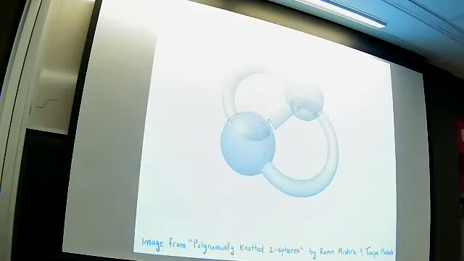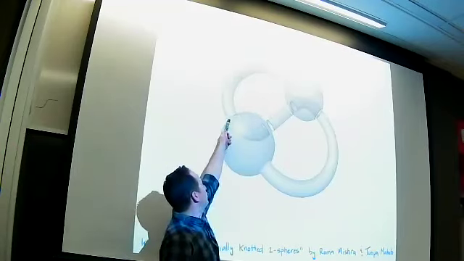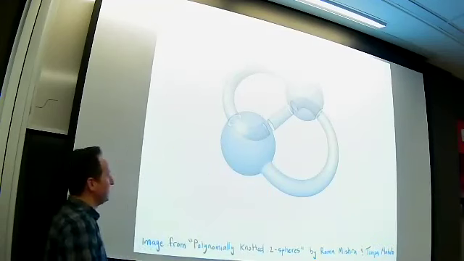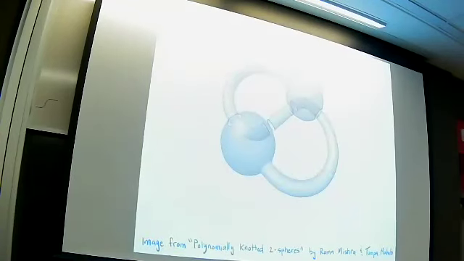In some places the sphere has a cut in it, whereas in other places the tubes have cuts in them. That just records the relative heights of the sheets of the surface. So this is your first example of a broken surface diagram. We won't be doing a lot with them, but they're the most direct analog of how we think about knots, so I wanted to show you some of these.